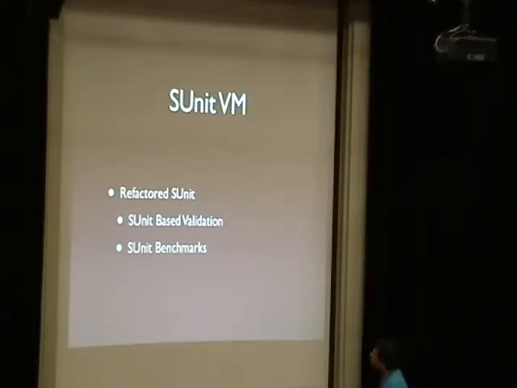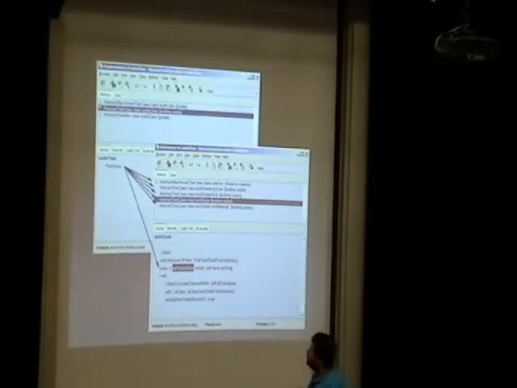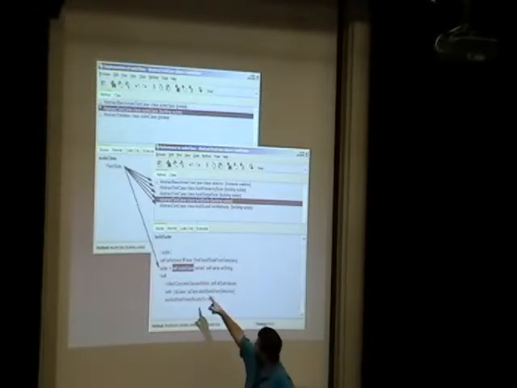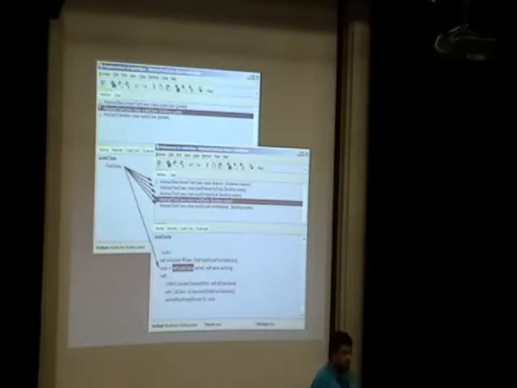And what do we mean by that? So I have this SUnit VM, and that's a refactored SUnit. What kind of changes are we talking about? For example, there are cases in SUnit where the test suite class is repeated in all these methods, referencing every single one of them. That may not seem too bad, but the problem is that then you cannot refine by subclassing in an easy manner, because say that for SUnit validation I need another validation suite, another class of this suite, perhaps a subclass.